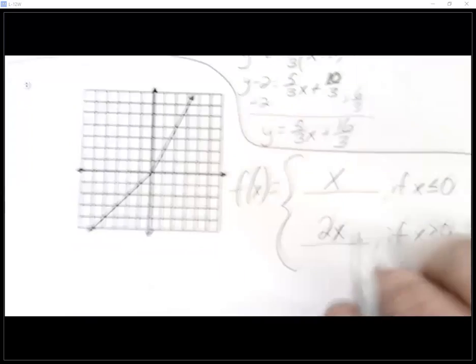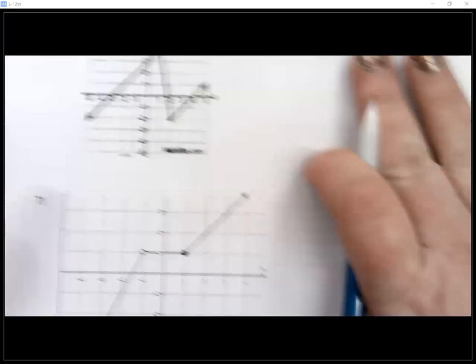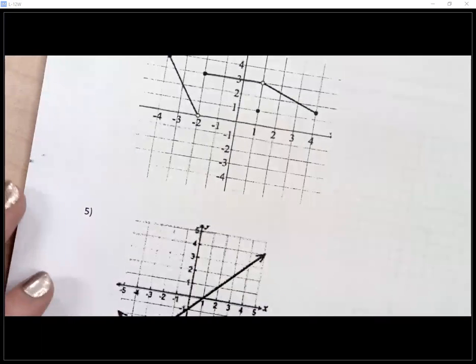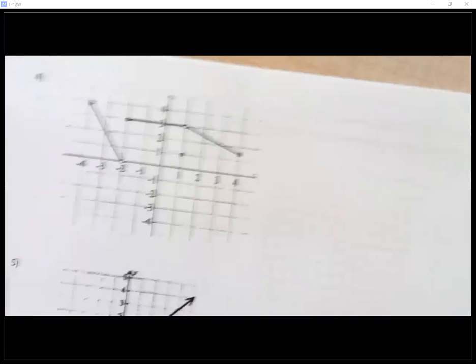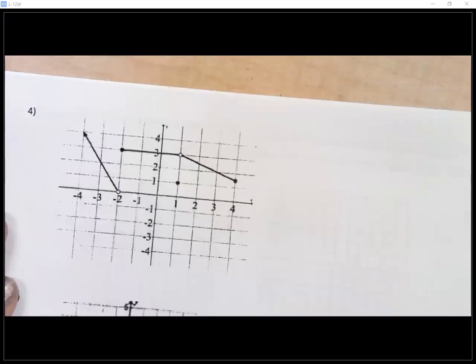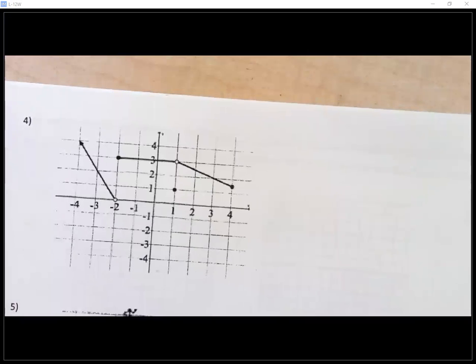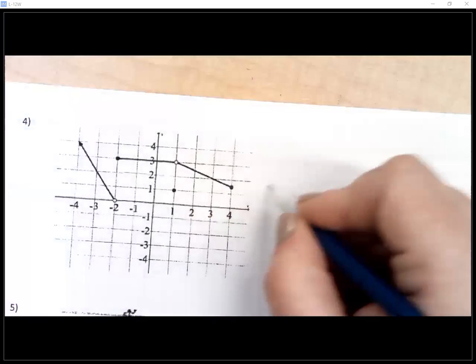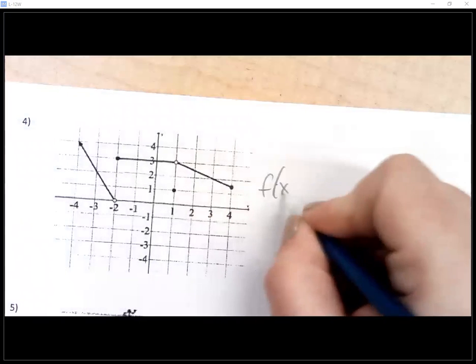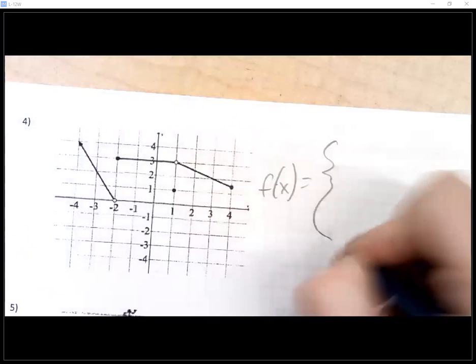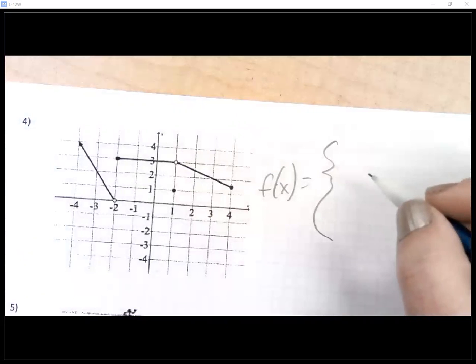Okay. Yeah, so 4 has some weirdness going on. So maybe try it. See what you think you're supposed to do with that. I'll give you a hint. There are 4.